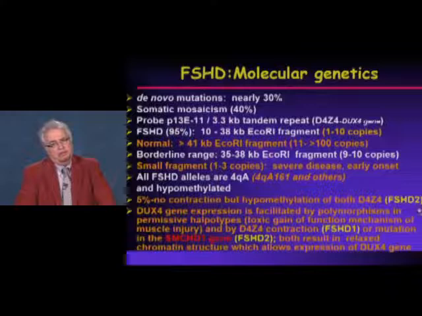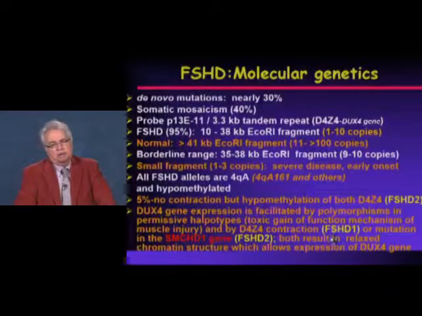And this is known as FSHD2. So patients who have the classic type of FSHD due to contraction of the D4Z4 repeat are classified as having FSHD1. And patients who have no contraction, they have hypomethylation, are classified as having FSHD2.